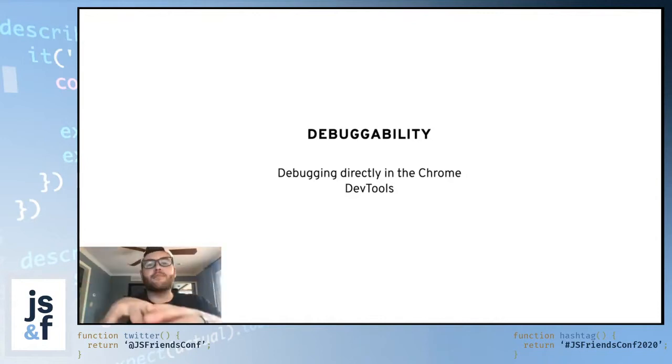Because Cypress really wraps the browser itself, you just open your Chrome DevTools or your Edge DevTools, and you have that debuggability to see network requests, console errors, all those things directly inside Cypress.